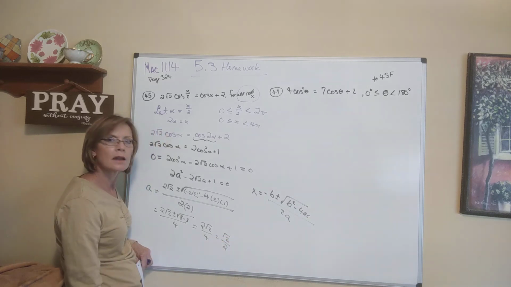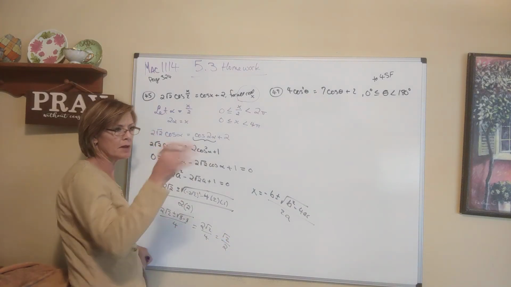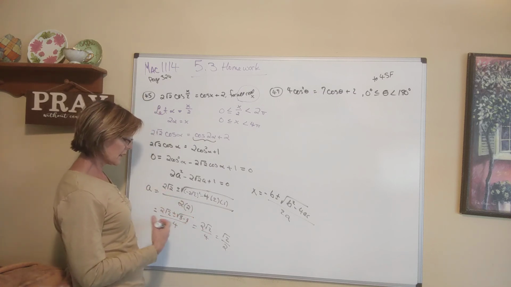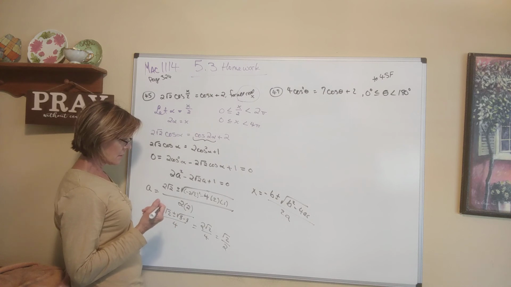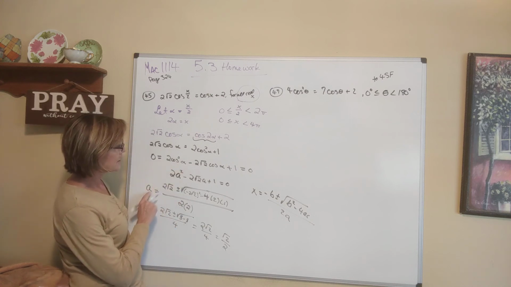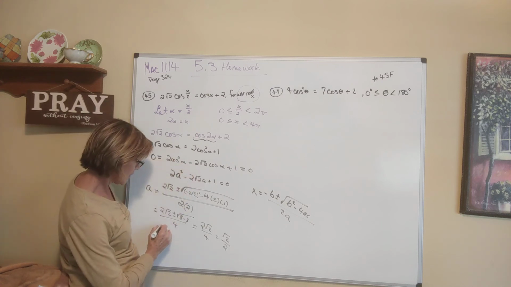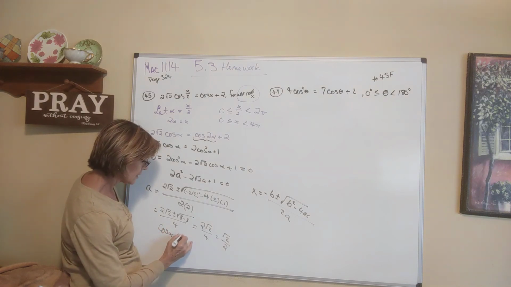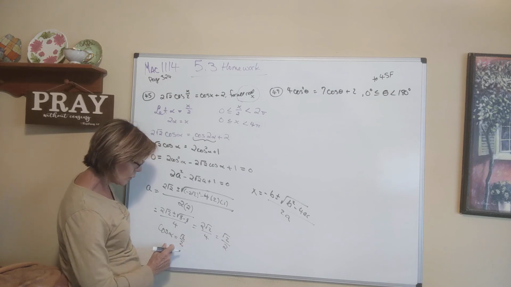Oh my goodness, that I recognize. I didn't have to do it this way, but it's fine that I did. So what I discovered is that A was really the cosine of alpha, so the cosine of alpha is equal to the square root of 2 over 2. All right, where is that true?